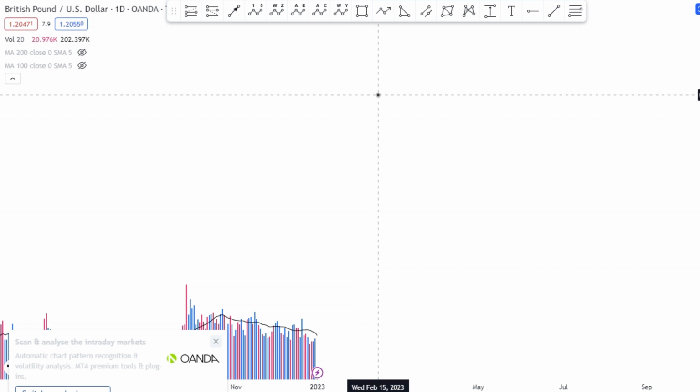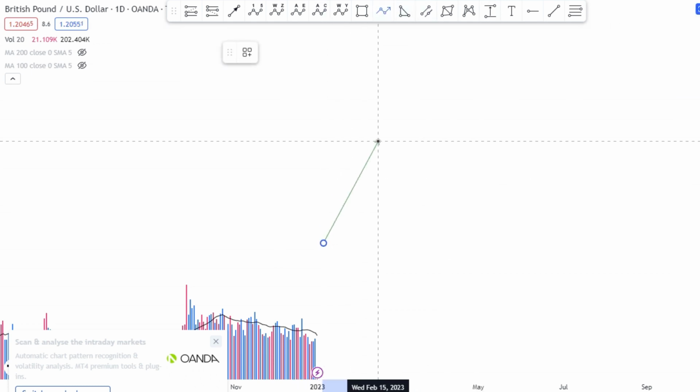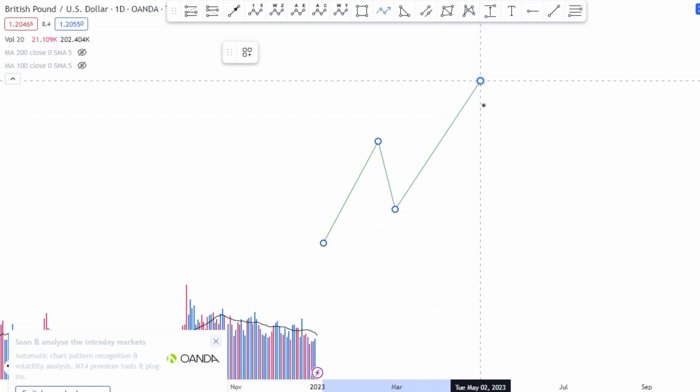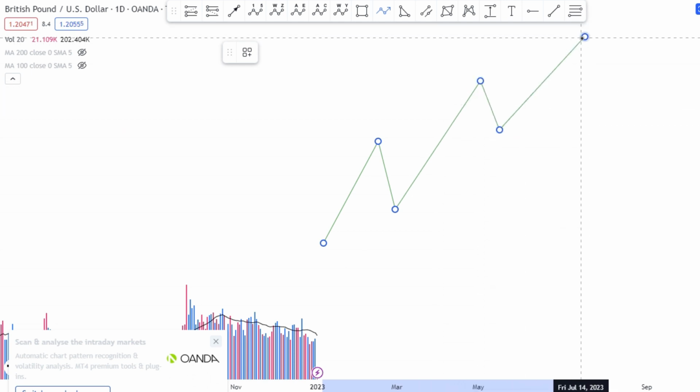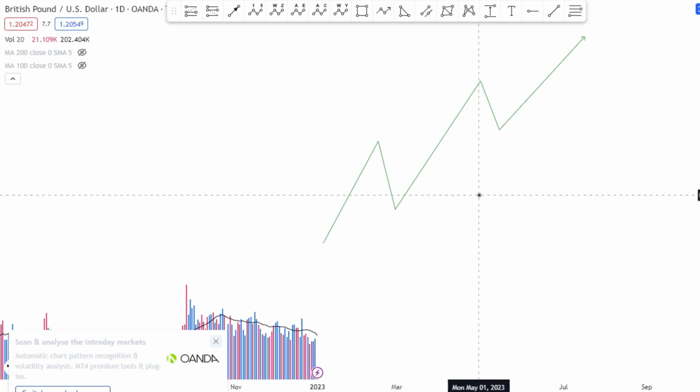The key to using Elliott wave theory successfully lies in correctly counting the waves and identifying the wave in which the market is currently trading. Market moves in such waves. So how do you find Elliott wave in real time?